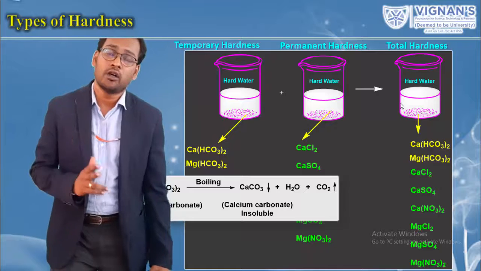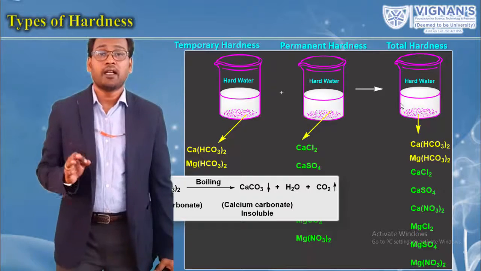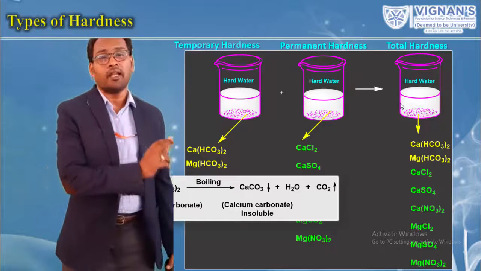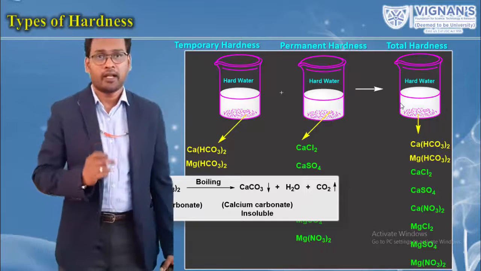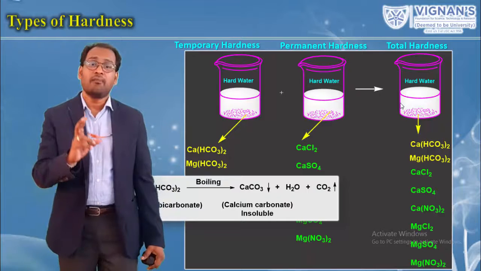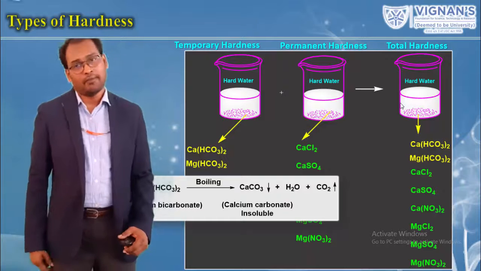Permanent hardness is also called non-carbonate hardness. The sum of permanent and temporary hardness is called total hardness, the total hardness of a sample.